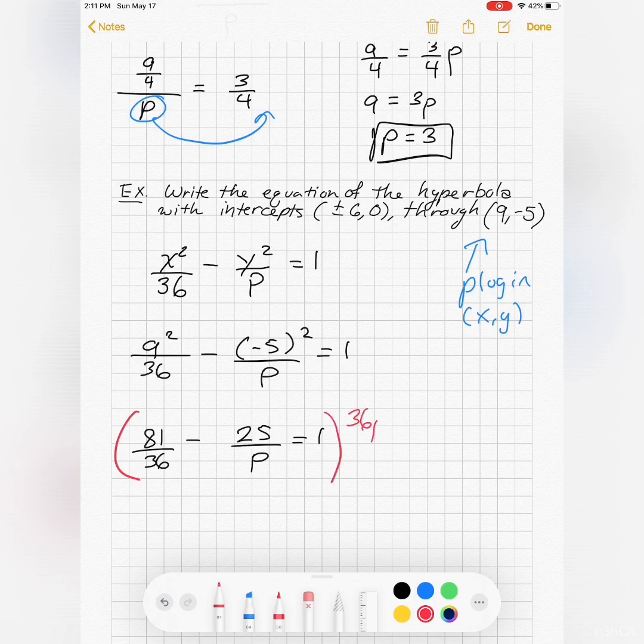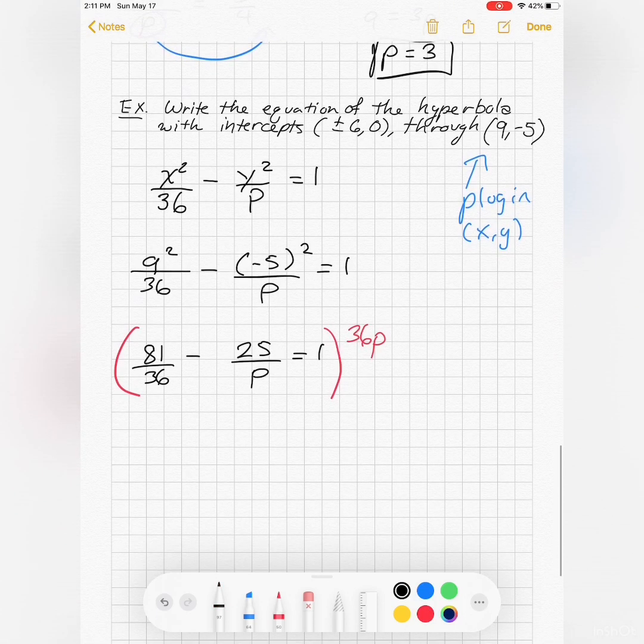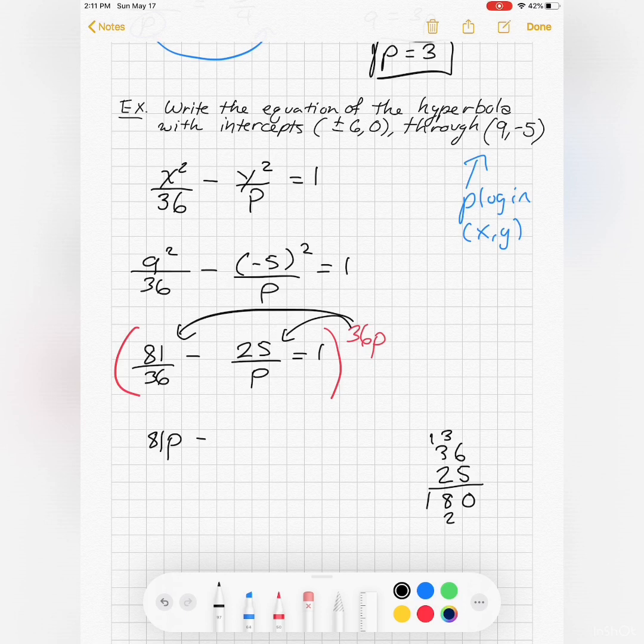I have a couple ideas, so let's see if I do that. 36 will cancel, I'll have 81p. And then here, the p will cancel, what is 25 times 36? 900.